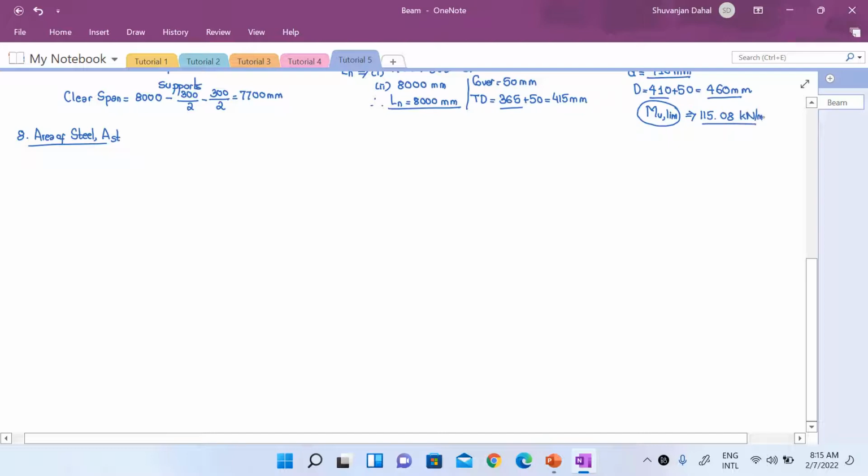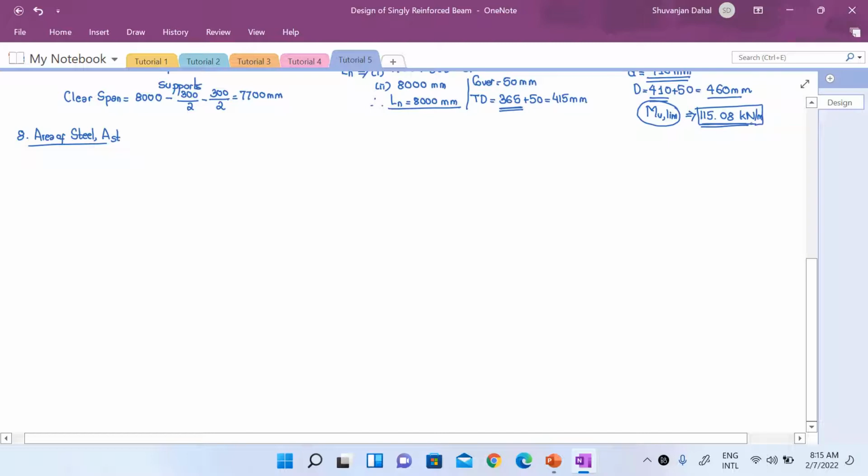Remember, to determine this effective depth, we chose our design factored bending moment as our limiting moment. And you saw that to resist this much amount of moment, an effective depth of 410 mm was necessary. And if we had used only 365 mm depth as we determined initially, then that depth would not have been sufficient.